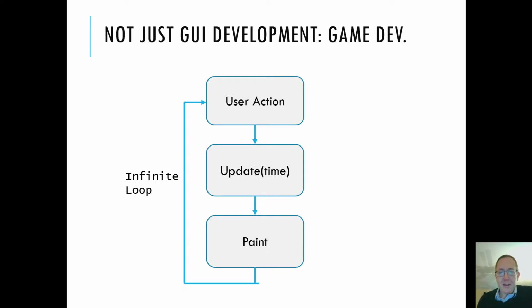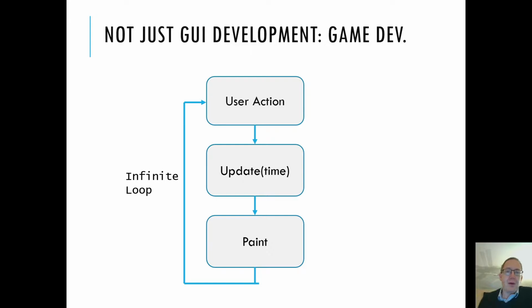And all you do is get actions from the user, like mouse and keyboard events, and pass them along. Then you update what the state of everything is, and then you draw everything. Three completely different things, and you treat them separately.